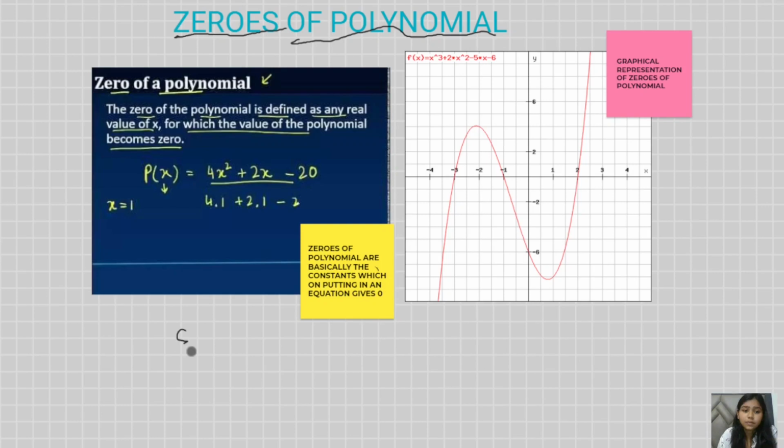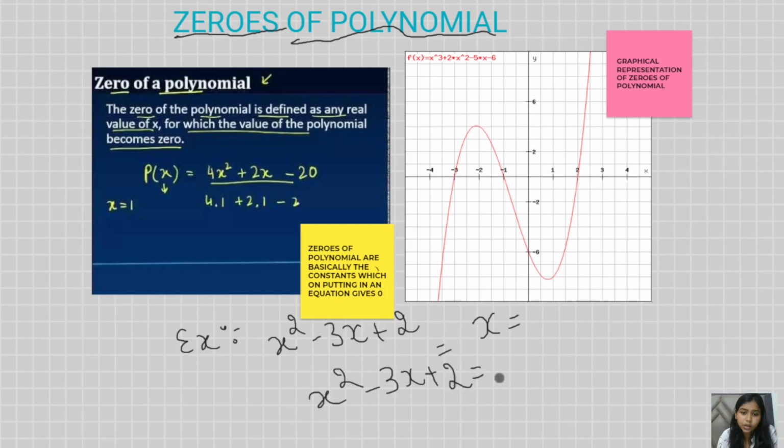For example, we are taking an equation like x square minus 3x plus 2. The zeros of the polynomial for this equation will be those values of x which will give 0. So basically x square minus 3x plus 2 must be equal to 0 to find the zeros of the polynomial. Okay, so let's put a value.